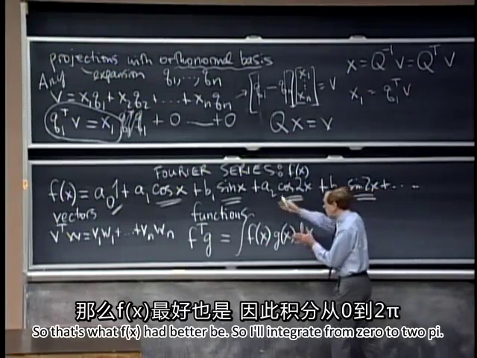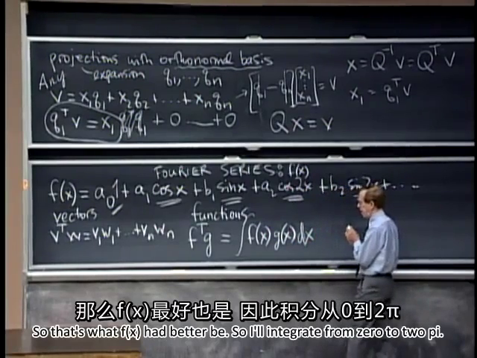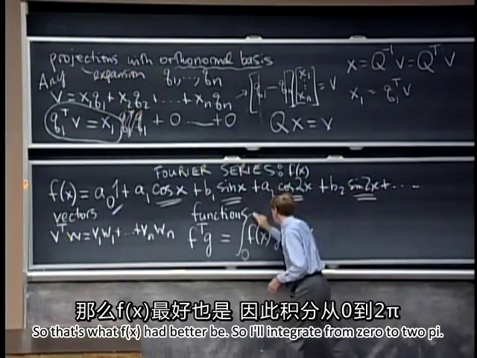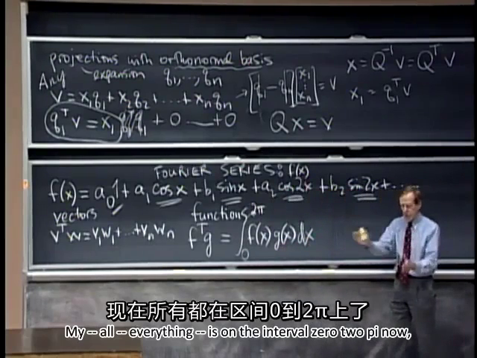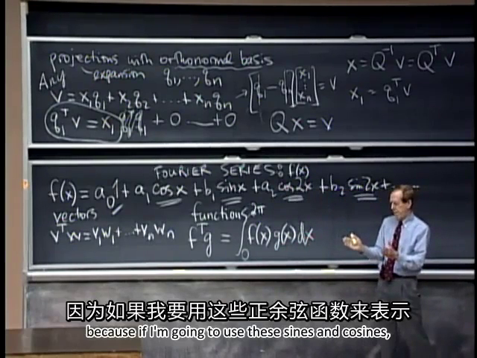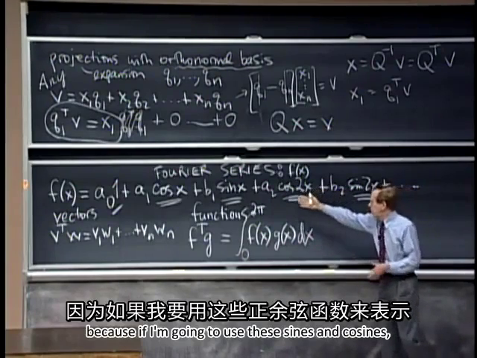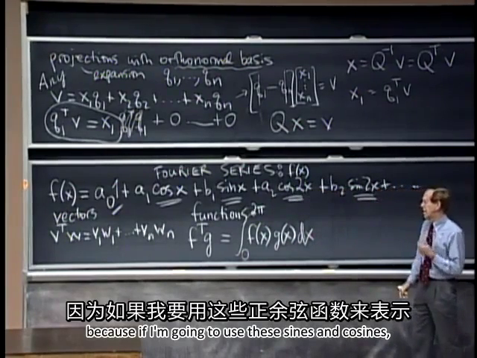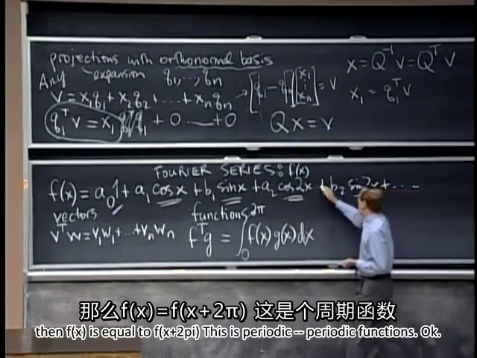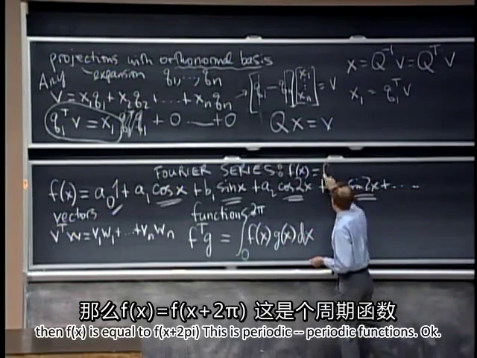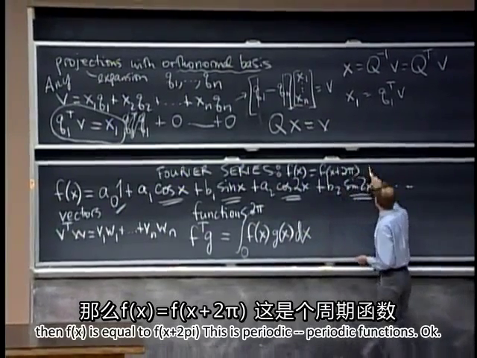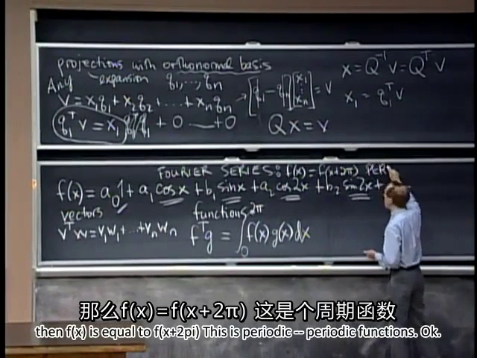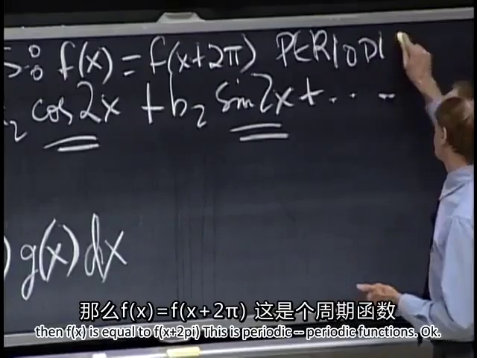So that's what f of x had better be. So I'll integrate from 0 to 2 pi. Everything is on the interval 0, 2 pi now, because if I'm going to use these sines and cosines, then f of x is equal to f of x plus 2 pi. This is periodic. Periodic functions.